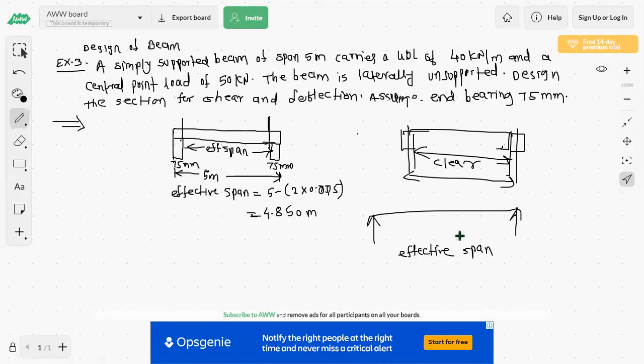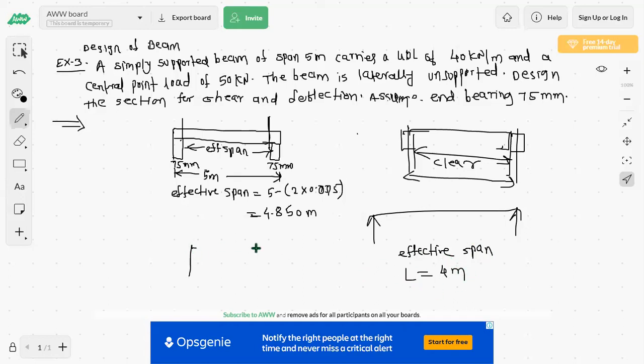If in the examination they have given the effective span, then we have to take it as it is. If they have given 4 meter effective span, that 4 meter we have to take as it is, L is equal to 4 meter.